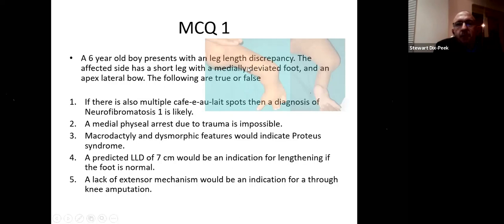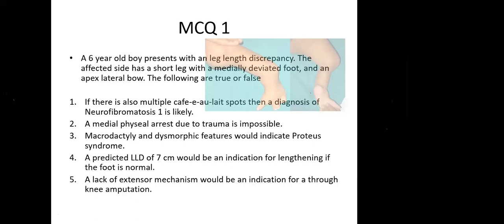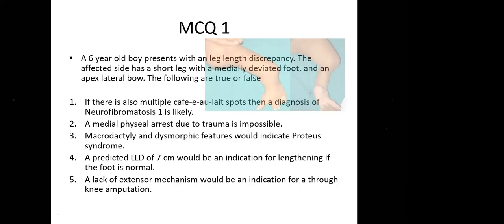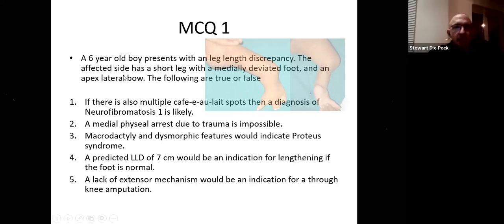But given the fact that it's medially deviated, Kirsty, what are we thinking? Anterolateral bowing, neurofibromatosis. Or straight lateral bow, which is going to be tibial aplasia. And we've got an apex, it tells you now, apex lateral, so probably tibial aplasia.